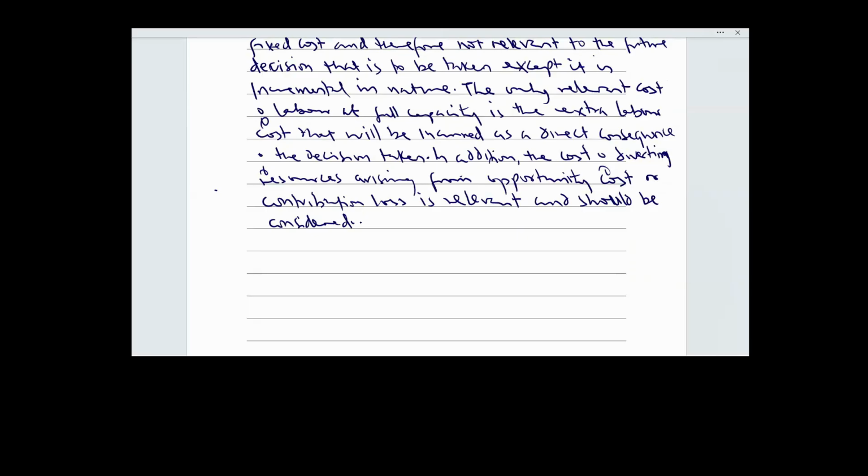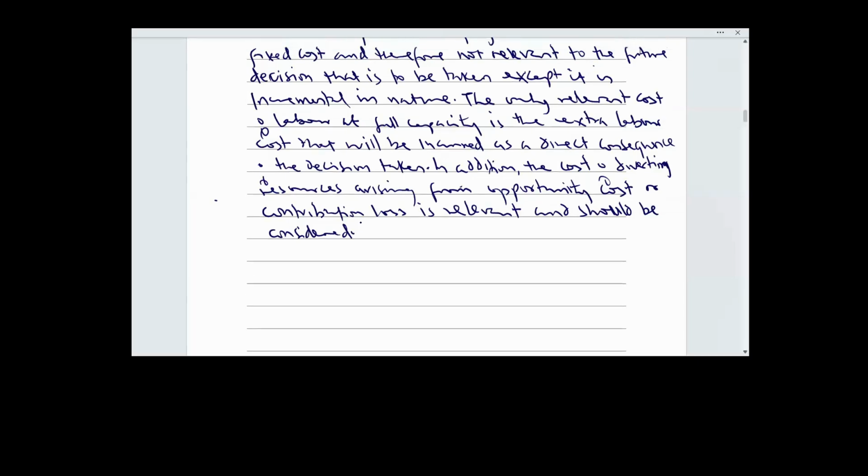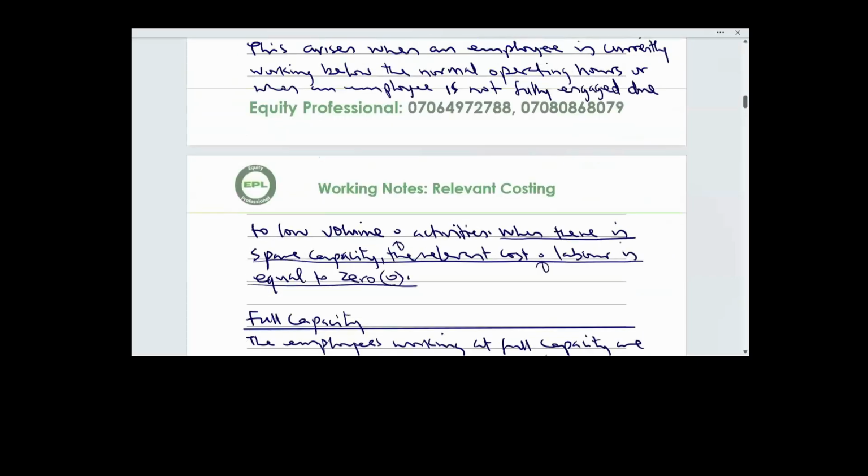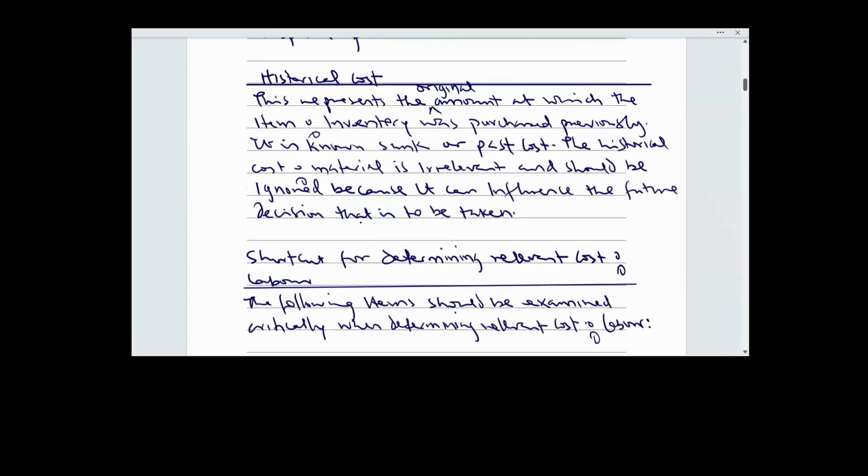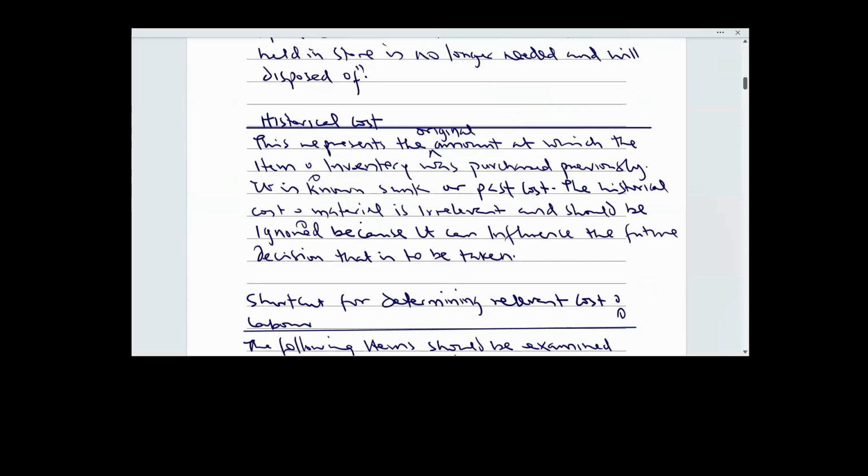So any salary paid to an employee is a fixed cost, and a fixed cost is irrelevant cost, except it is incremental. So these are the key things you need to know under material and labor when you want to determine the relevant cost of a cost item.